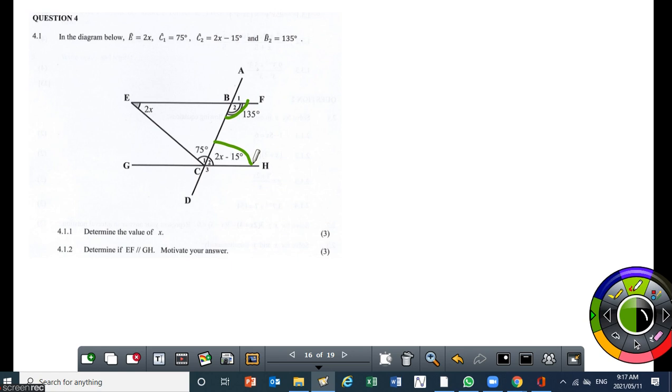So what I'm going to do is say B2 plus C2 is supposed to be equal to 180 degrees. So let me prove that, under normal circumstances, if EF was parallel to GH, then B2 plus C2 must be equal to 180 degrees. Please, at this stage, I cannot write a reason and say co-interior.